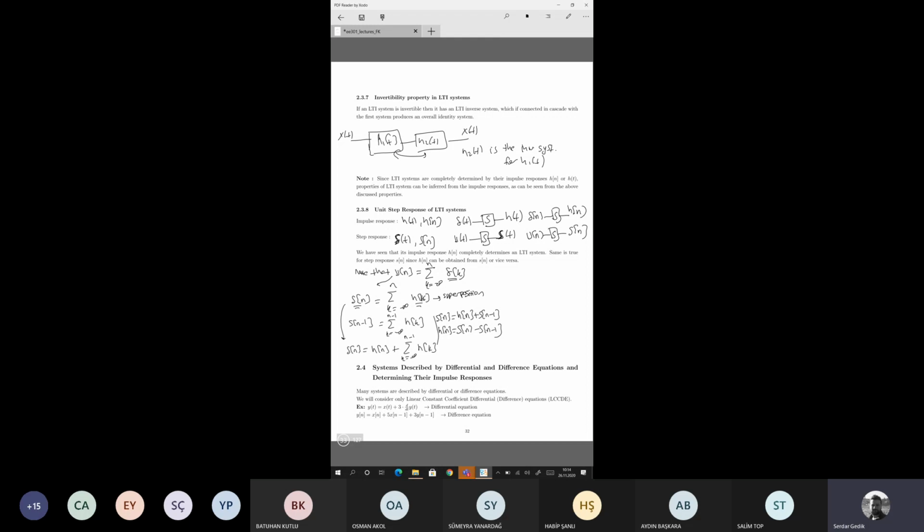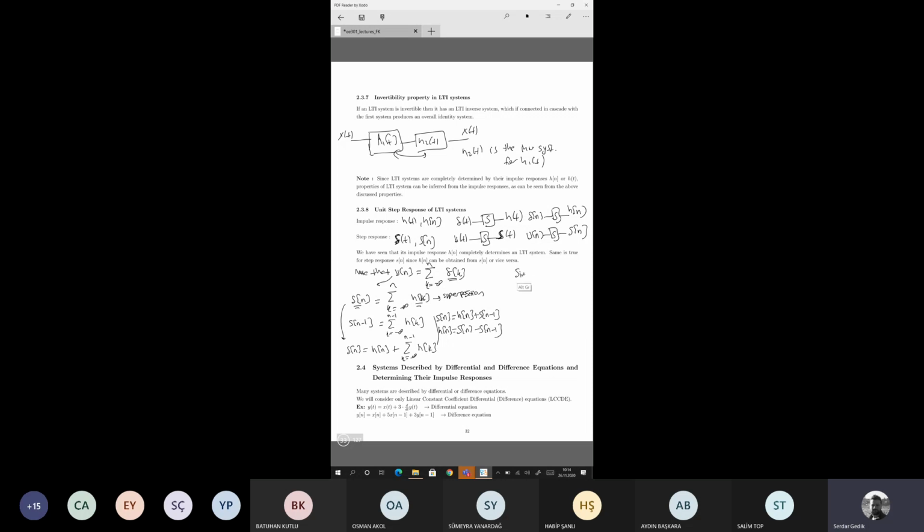So this tells you that if you are given the unit step response s of n, you can find h of n. So once you have h of n, you can characterize the system completely by using the tools that I have already explained to you. So it means that just like impulse response, unit step response completely characterizes an LTI system.